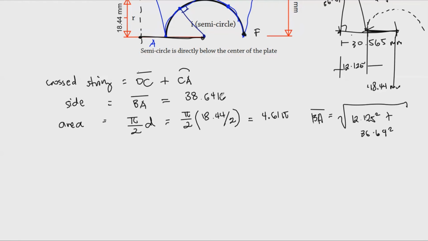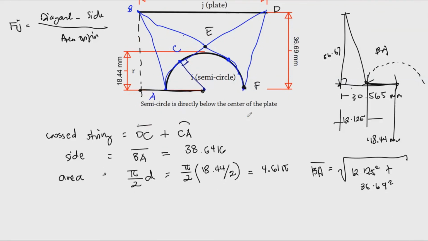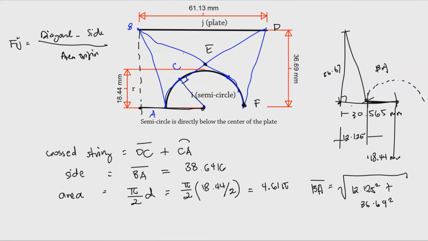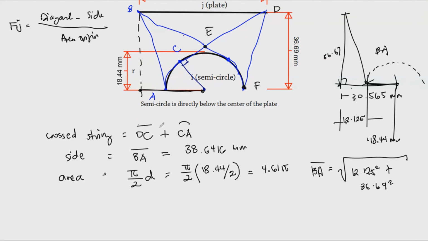So this is our side. To countercheck that by inspection, we should have a value that is greater than 36.69, because that's actually the hypotenuse. Knowing this side, we need to find now the cross string.